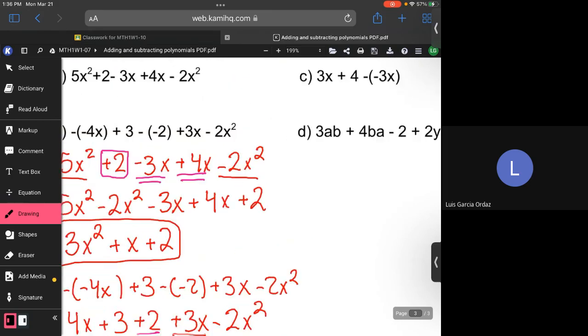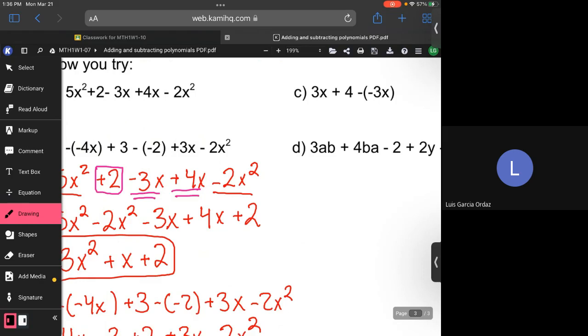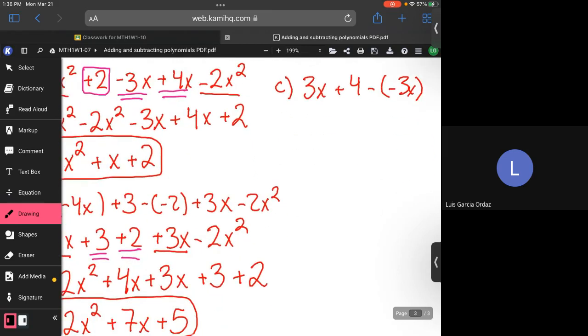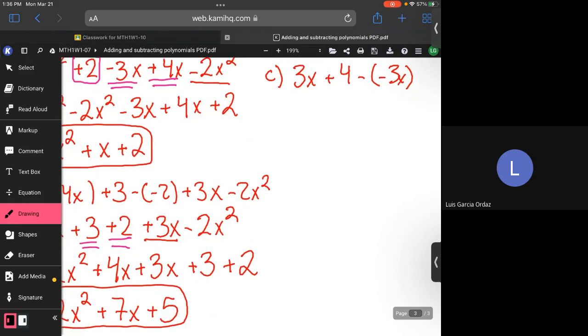So now my next one is 3x plus 4 minus negative 3x. So what's the first thing we are going to do? Austin, bracket. So what does it become?